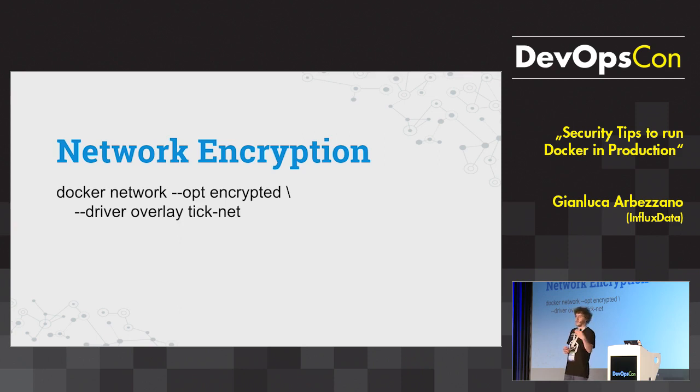It's not made like this by default, because there is some degradation in performance, since you need to encrypt and decrypt all the traffic that is moving inside your containers and the network that you created. It means that maybe you are not happy to pay that. But if you have a strong service that needs to run in a most secret network, you have this option free to use.